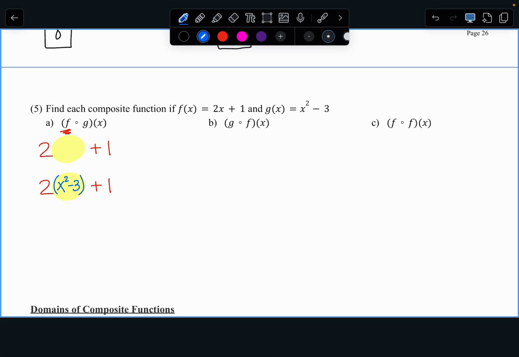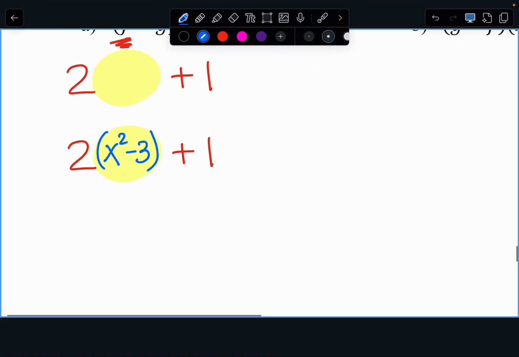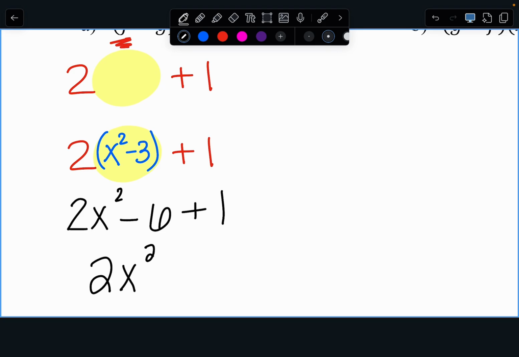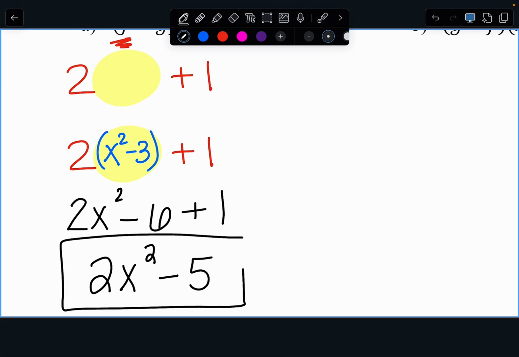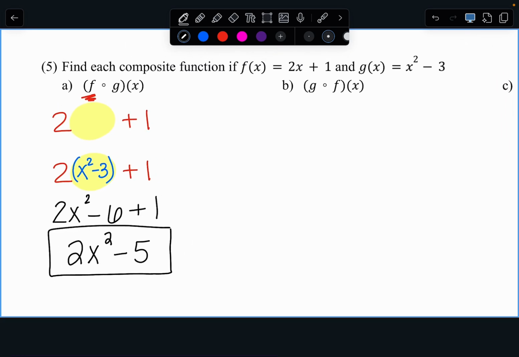And then we just want to simplify. So this is 2x squared minus 6 plus 1, which is 2x squared minus 5. We okay with that?